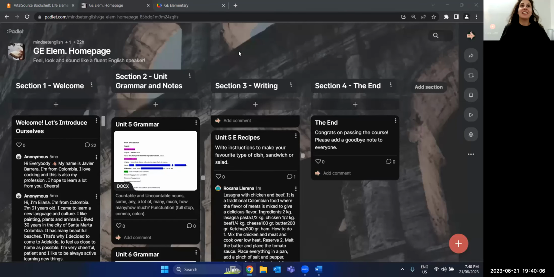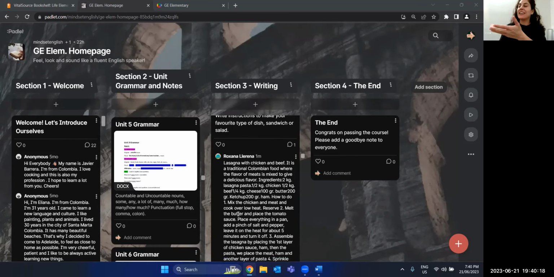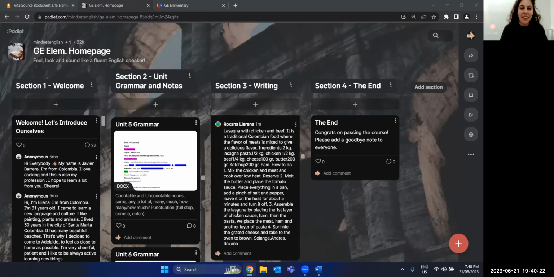Okay, so let's have a look at the recipes that you guys wrote that we are all going to try before next week. Did anyone hear that? Okay, so let's have a look. Roxana was working with Andres and Solange. So we have lasagna with chicken and beef. So I'm reading here.